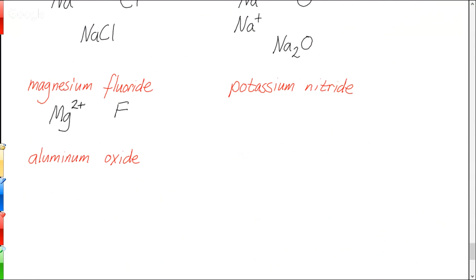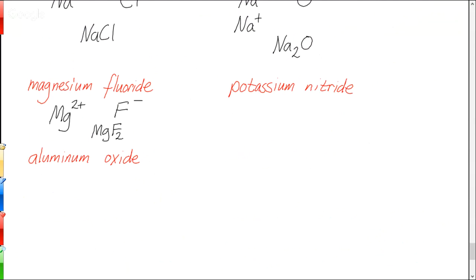Magnesium is a +2 and fluoride is a -1 because of their position in the table. Then we make the compound by adjusting the numbers. Since magnesium is 2+ and F is 1-, it's kind of the opposite of the sodium oxide we just did before. So our formula has to be MgF2 so that we have the same number of positive and negative in the formula.